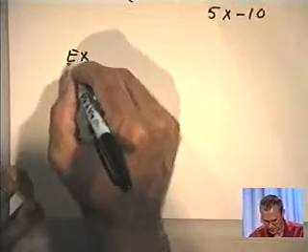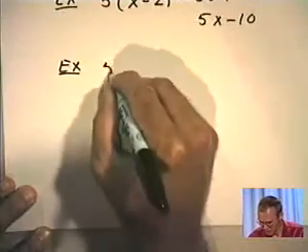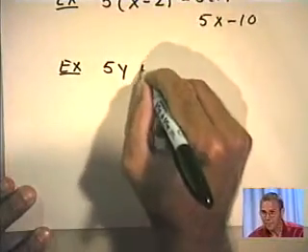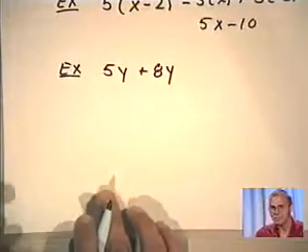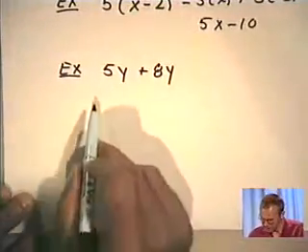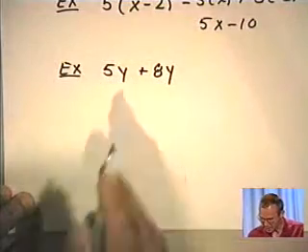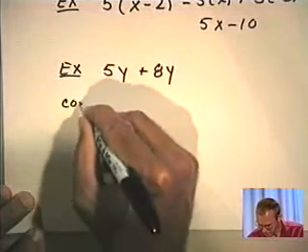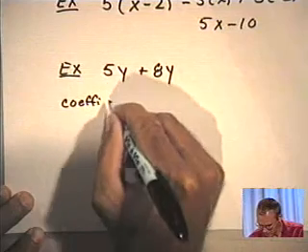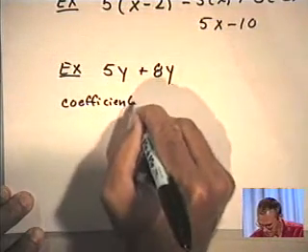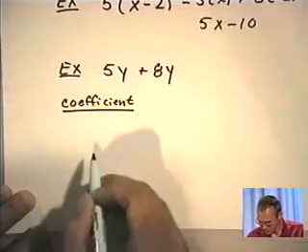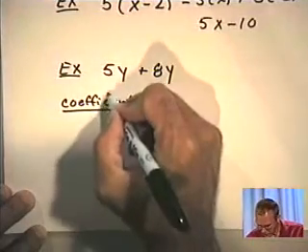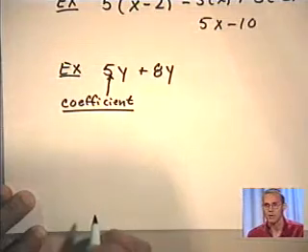Let's do another example. 5y plus 8y. Okay, let's simplify this term. Here's a word we need to learn. Coefficient. Given a variable, if I have a number in front of the variable, that is known as my coefficient.